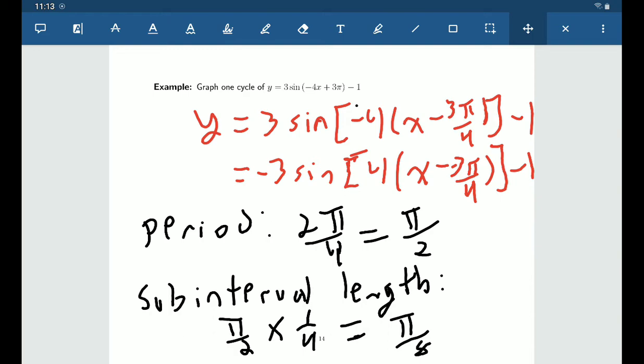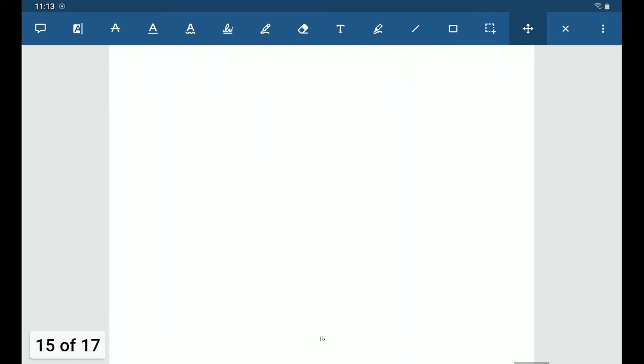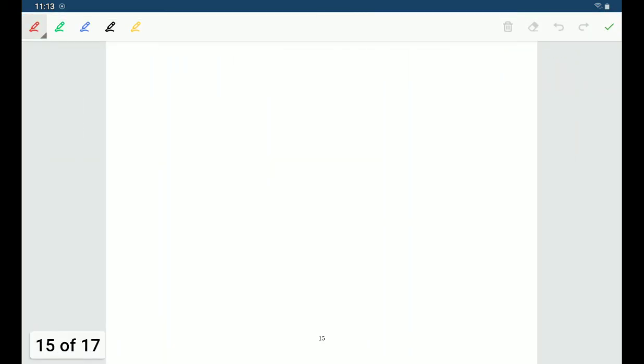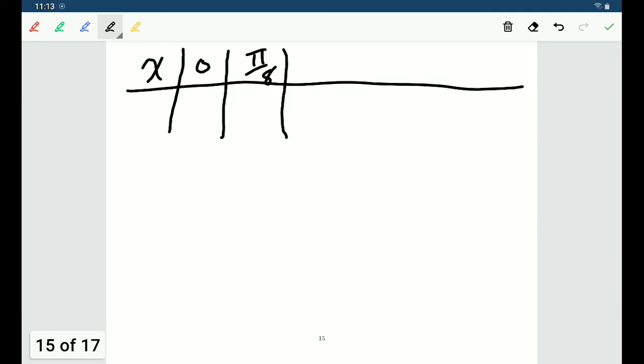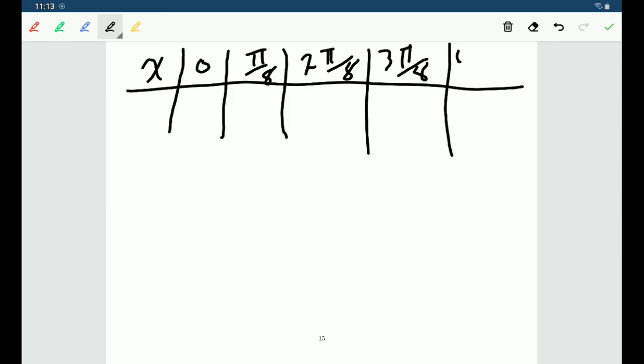So I'll start off with the function without the phase shift and the vertical shift. We'll find the 5 key points for those. And so our x values would be starting at 0, then pi over 8, and 2 pi over 8, and 3 pi over 8, and 4 pi over 8.